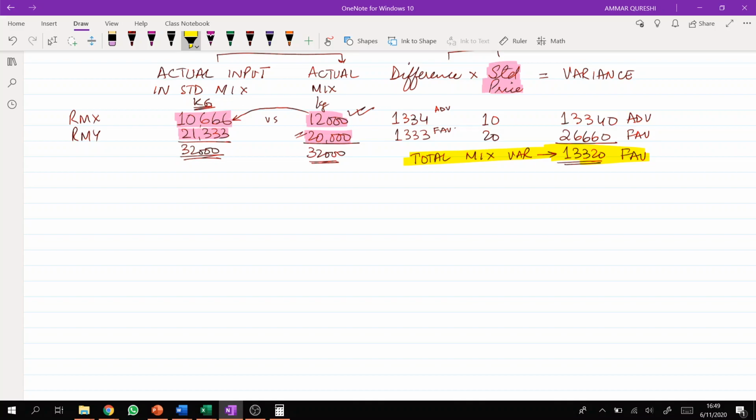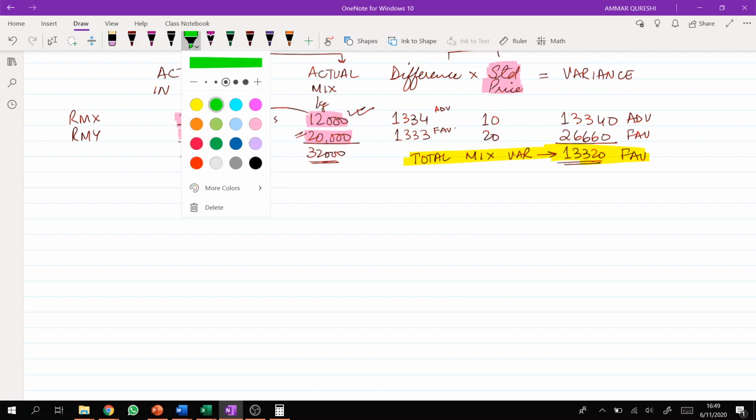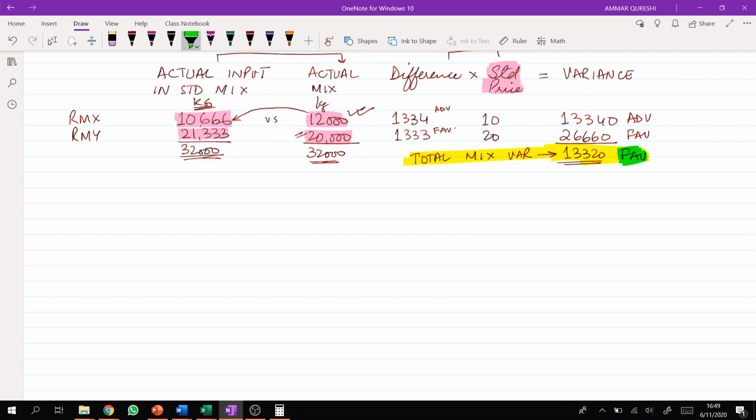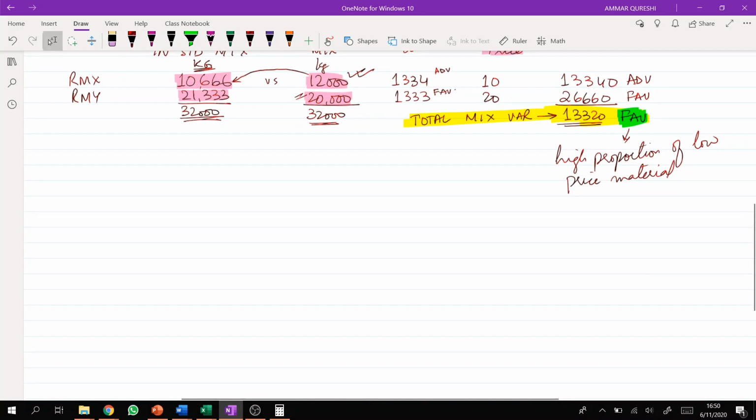If material mix variance is favorable, then this means that the company has used a high proportion of low price material, or in other words, the company has used a low proportion of expensive material.